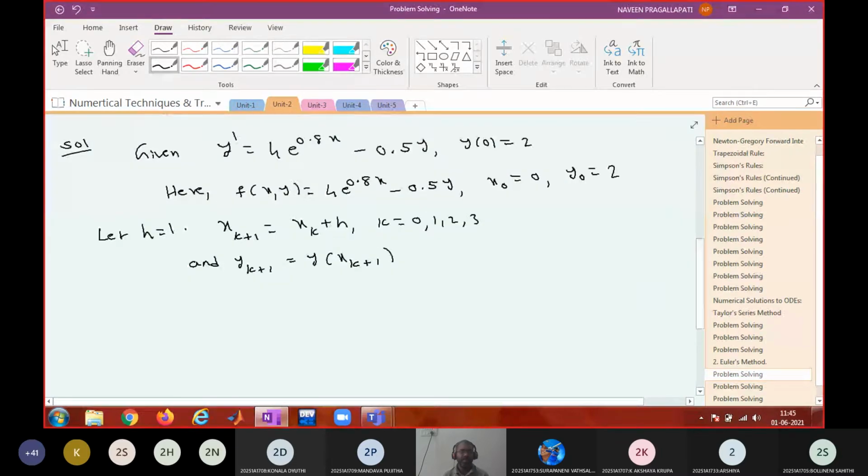Okay, so by Euler's method, yk plus 1 is equals to yk plus h into f of xk yk, k equal to 0, 1, 2, 3.